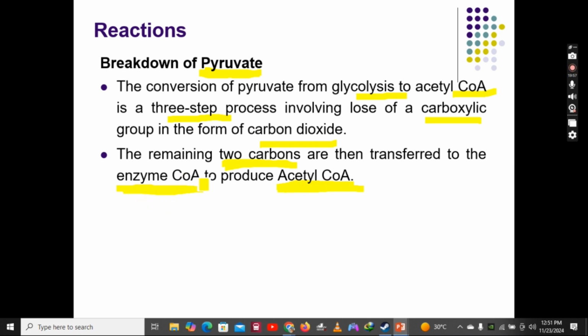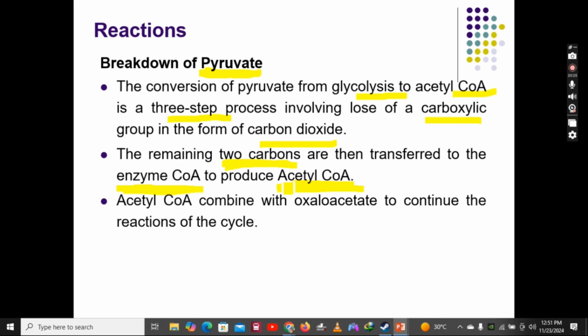So the enzyme CoA works on the 2 carbon atoms that remain after the loss of a carboxylic group from the pyruvate, and what will be produced is the acetyl CoA. So let's move.